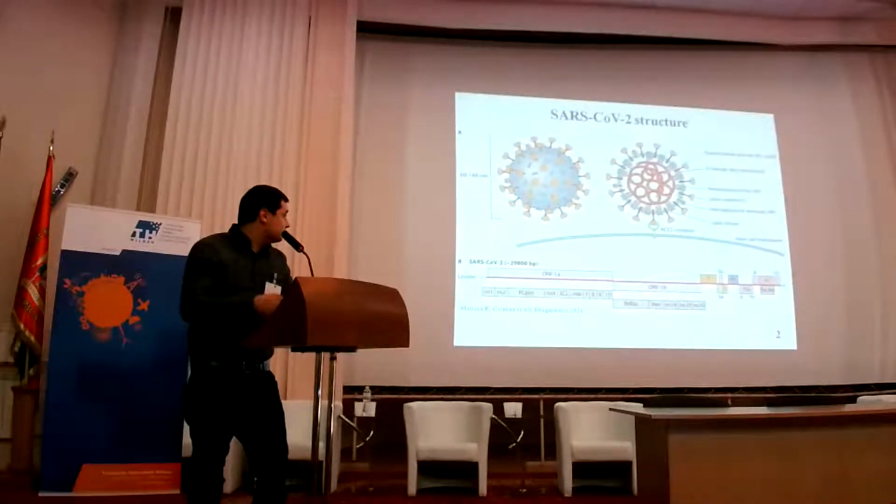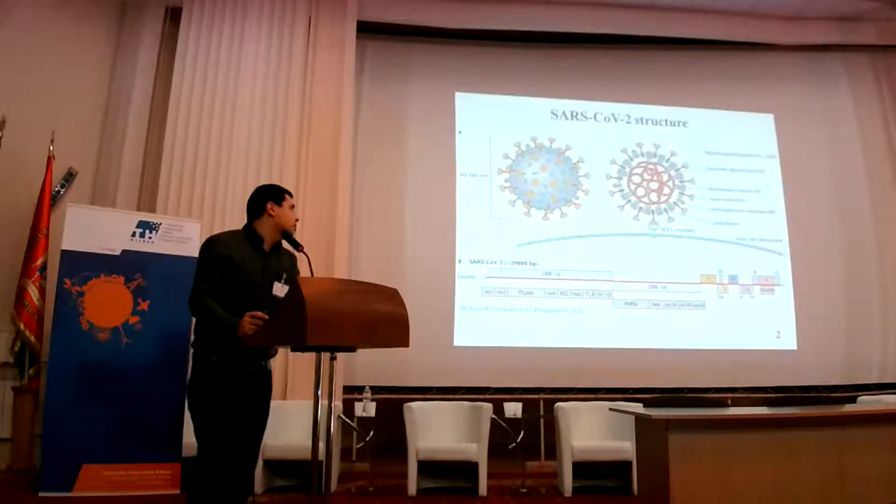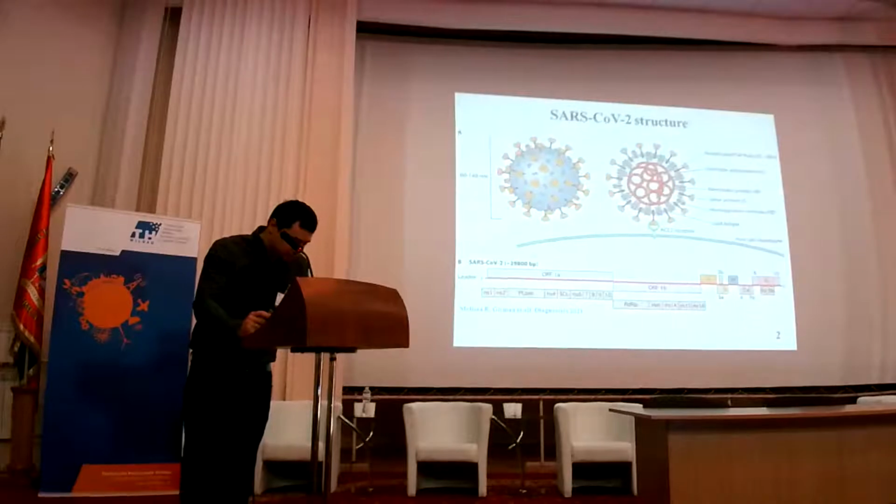Spike protein is responsible for binding of coronavirus to the host cell. Together with envelope and membrane proteins, they create the envelope of coronavirus, and of course the nucleocapsid protein holds the RNA molecule of coronavirus inside the virus.